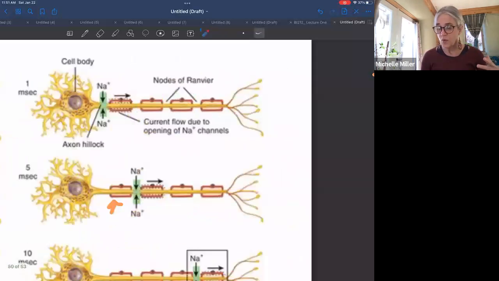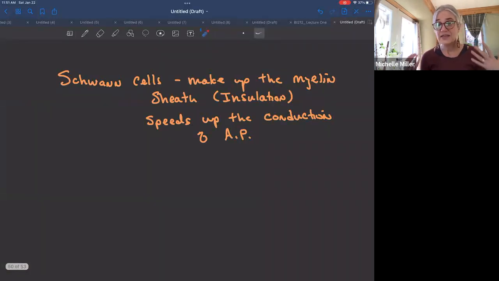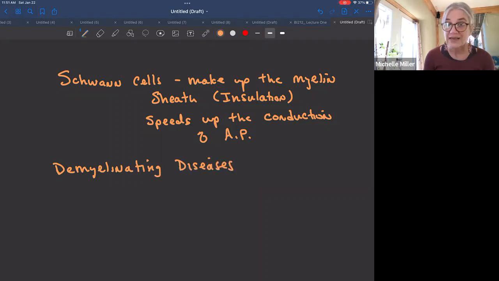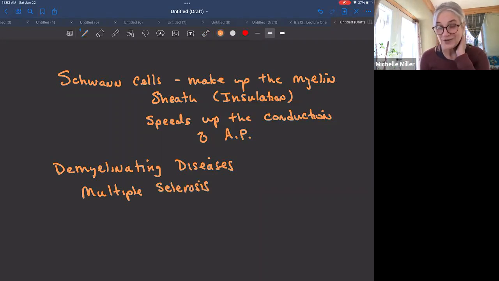So we can talk about what happens if this myelin goes away. This is called demyelination, or demyelinating diseases. One example of this is multiple sclerosis. This is an autoimmune disease where your immune system attacks the Schwann cells.